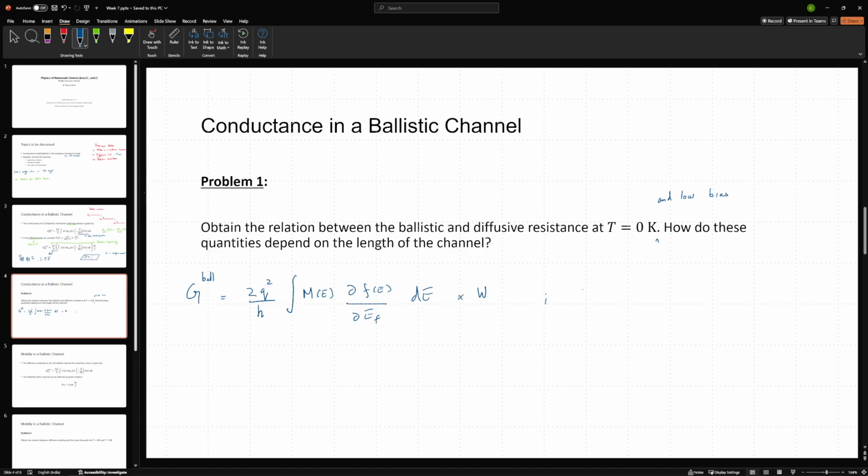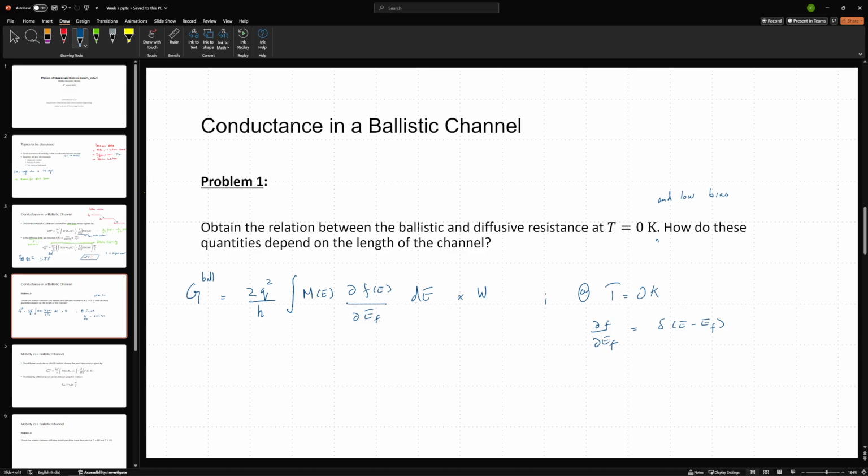Now I know at T equal to 0 Kelvin, dou f by dou EF, again, we have derived this at least 3 times in the past in as many weeks. So I'm not going to go through this derivation again. Please refer to the previous week's stuff. So this is going to become delta of E minus EF.